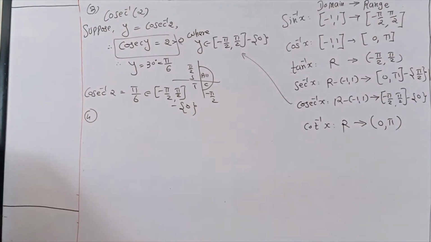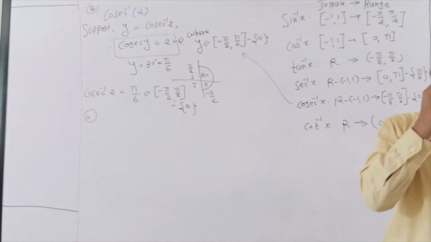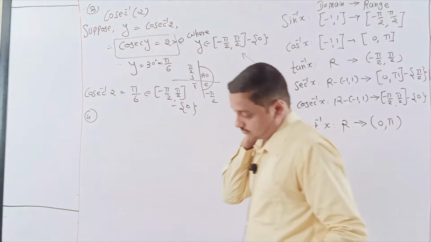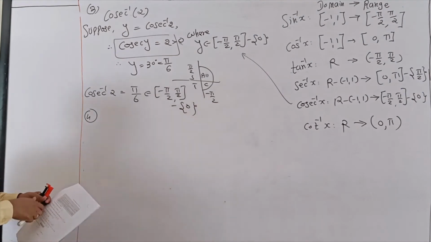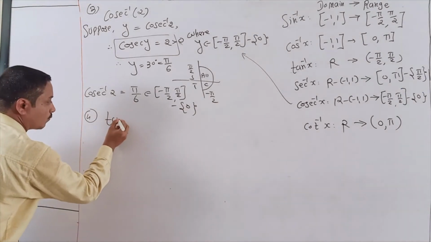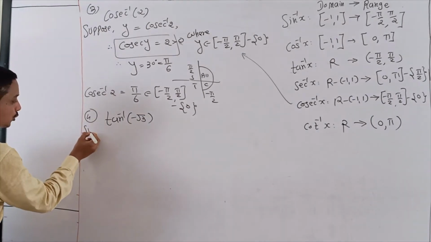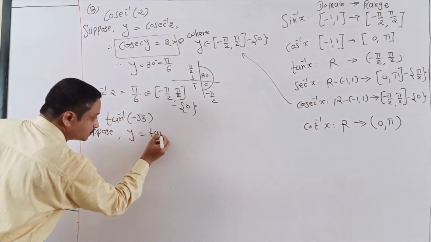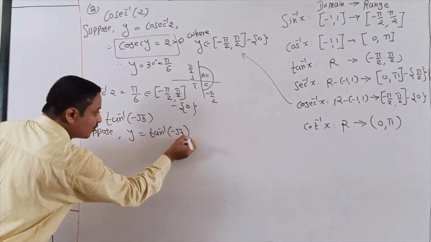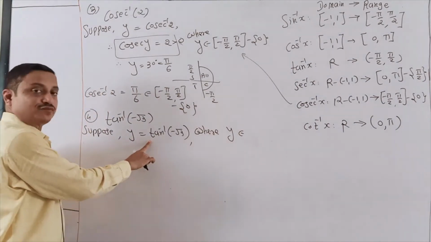Our third question is done. Now students, continue with question number 4: tan inverse of minus root 3. Similarly, suppose y is equal to your question, where y belongs to the range of tan inverse.